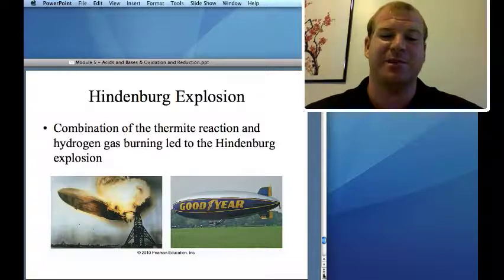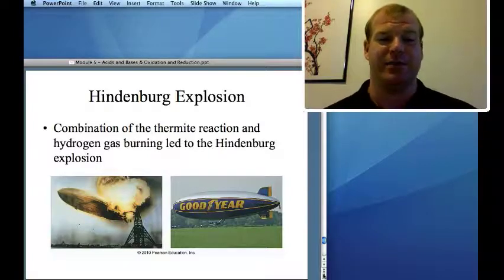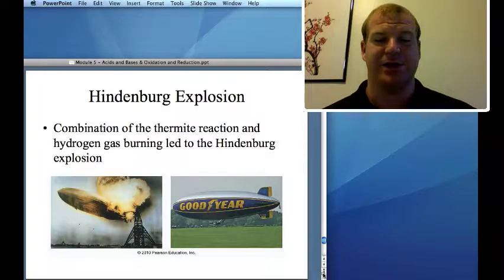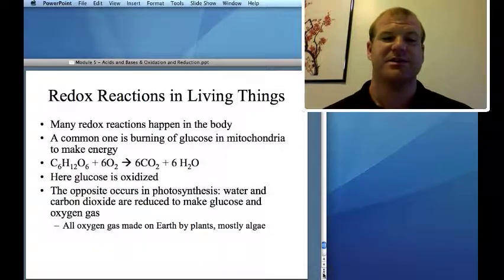This is different from the blimps we have, because the blimps we have have helium in them. But that hydrogen gas in the Hindenburg combined with the thermite led to the massive detonation.